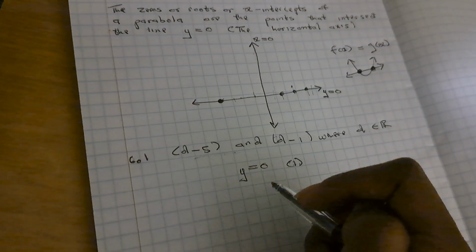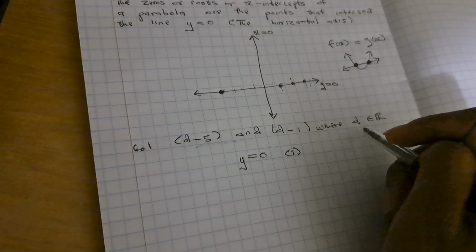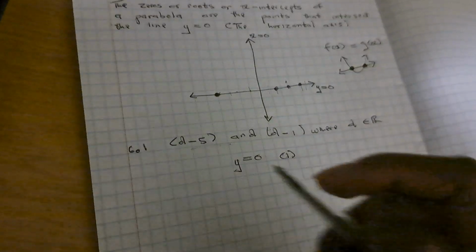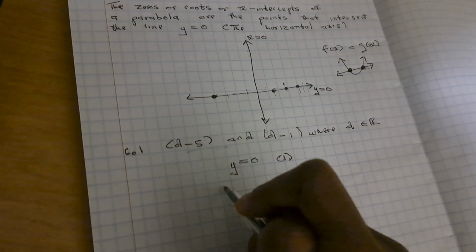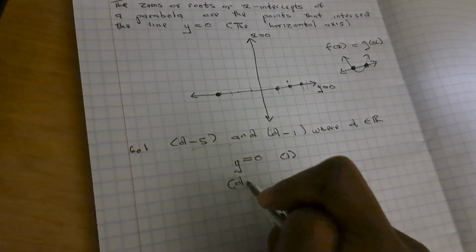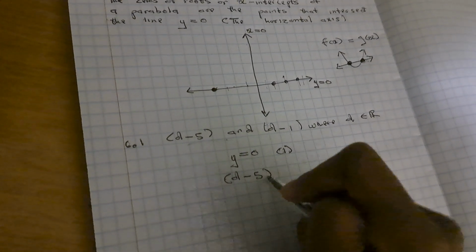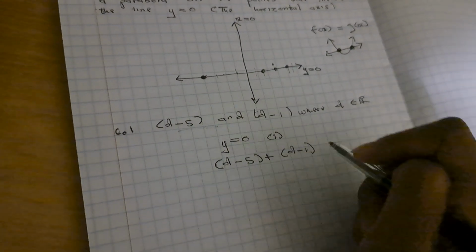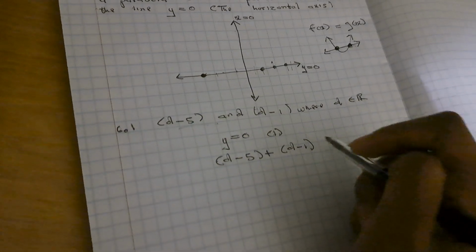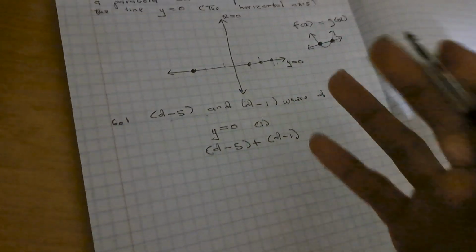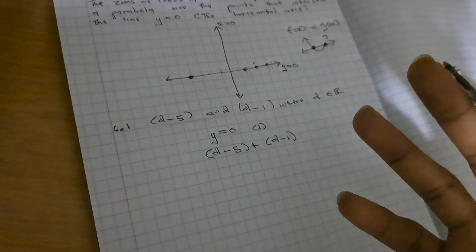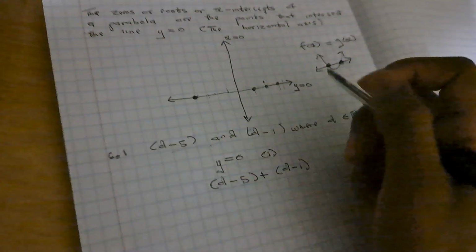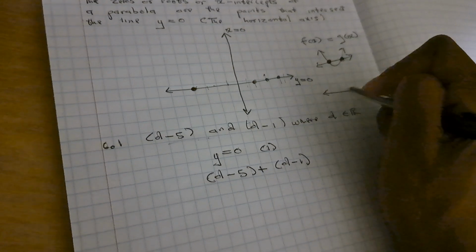That is why, when we're looking for the value of d, just like the question said, we will say d minus 5 plus d minus 1. We are adding because that's the only thing that we can do. We cannot say d minus 5 is equal to d minus 1. That would be saying these x-intercepts or roots are equal. We don't know that, because our parabola could be like this. Let me draw something right there.